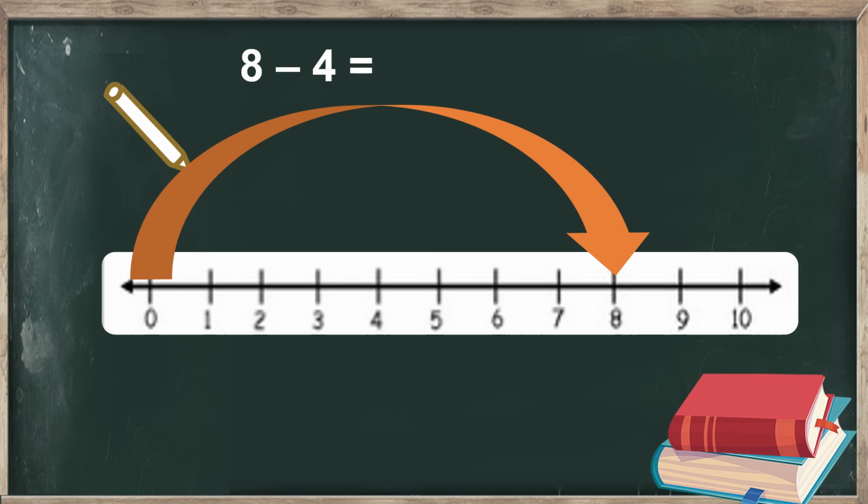We will count 4 numbers backward. 7, 6, 5, 4. We reach at 4. So we will move from 8 to 4. Hence 8 minus 4 is equal to 4.